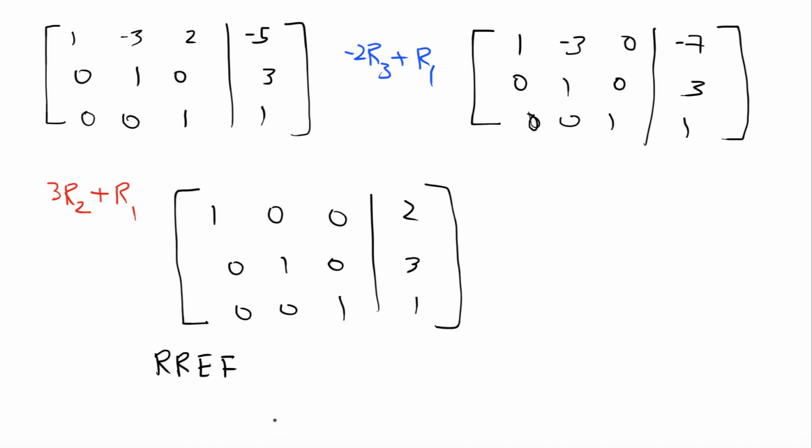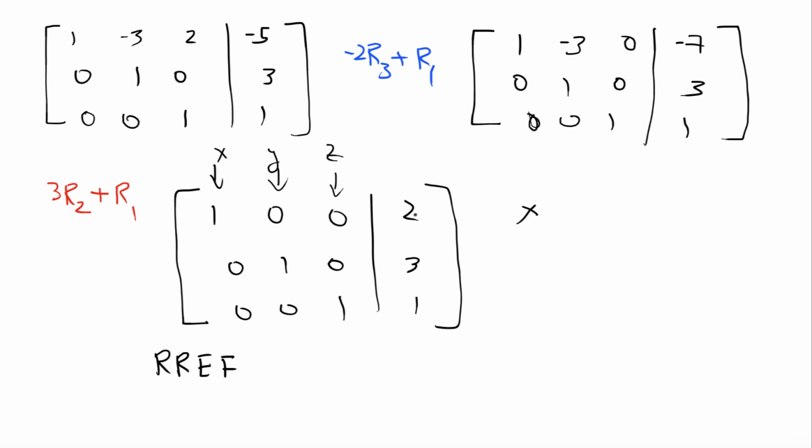So what does this matrix tell us? What does the reduced row echelon form of the matrix tell us here? Remember, the first column are the coefficients of the x variable, the second column were the coefficients of the y variable, and the third column were the coefficients of the z variable. But notice what this says. It's 1x.